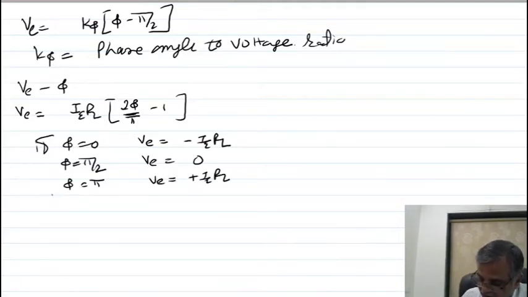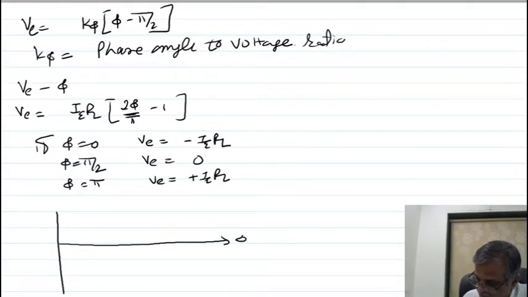So if you plot the graph, you will get it like this. This is your 0. For 0 it is negative. How much negative? Minus IRL.